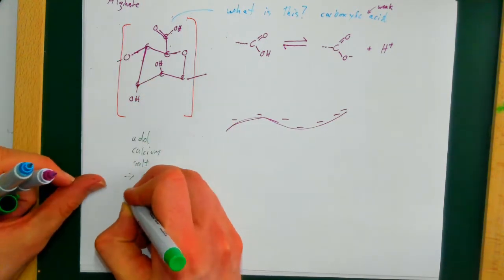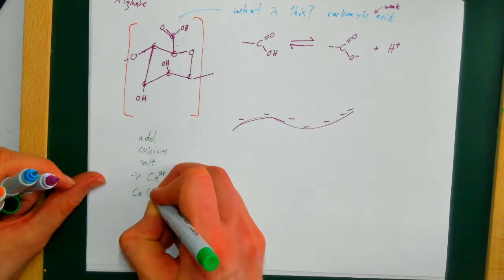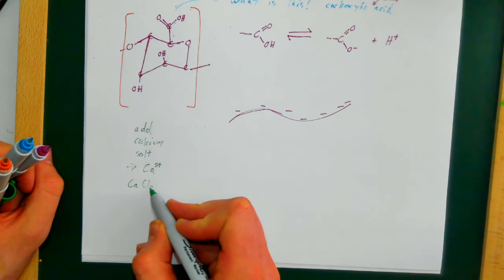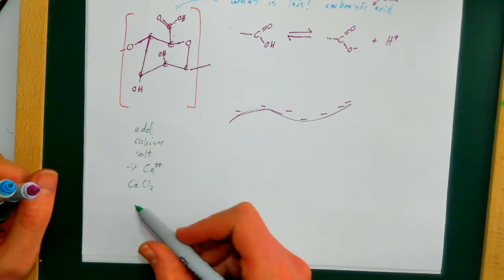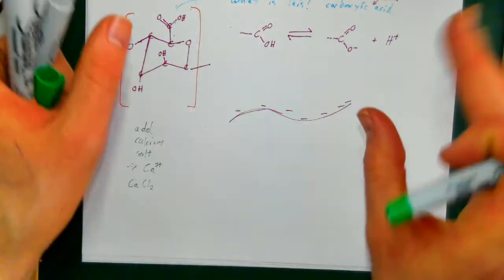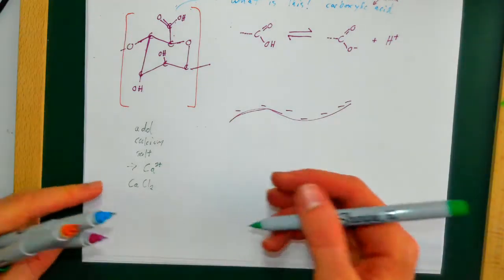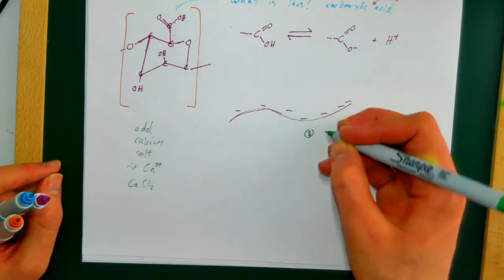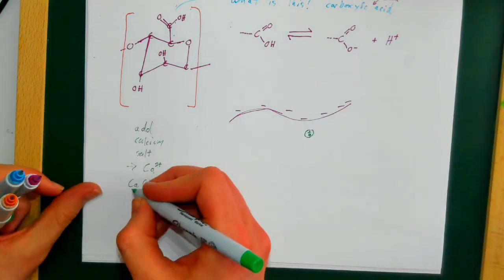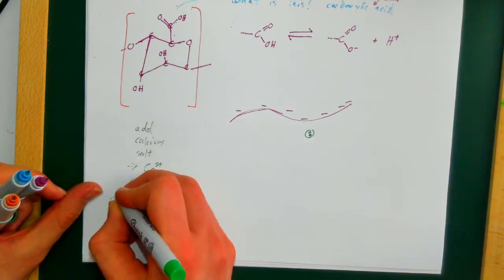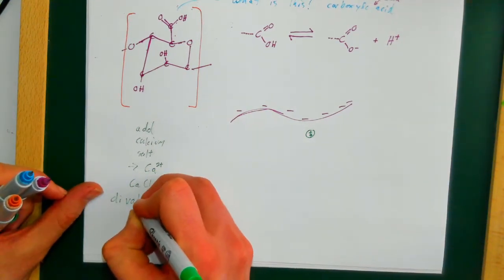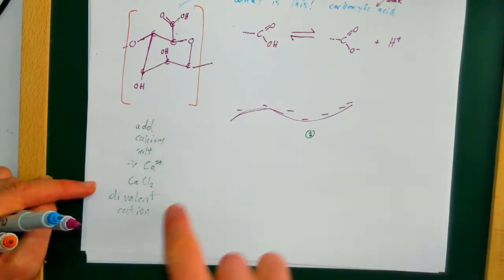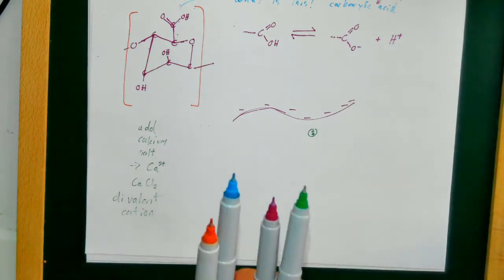So for example, if you added some calcium chloride, calcium has a +2 charge, so its chloride salt would be calcium with 2 chlorines. The chlorines just float off in solution, and basically you end up with calciums that have a +2 charge. So we have a divalent cation. Divalent in that it has 2 charges, cation in that it's positively charged when it's in solution.